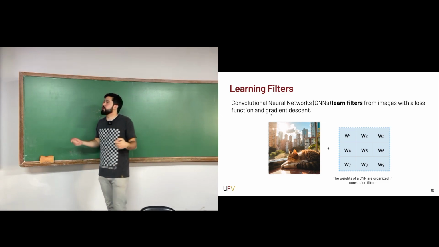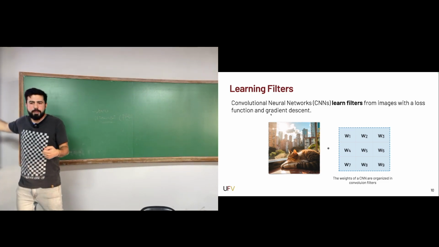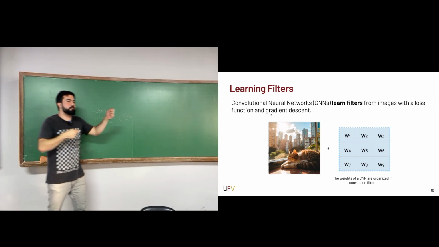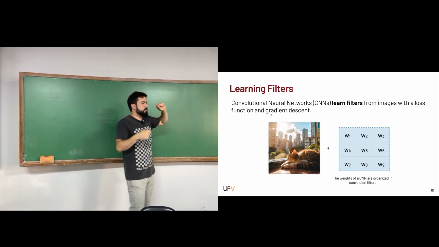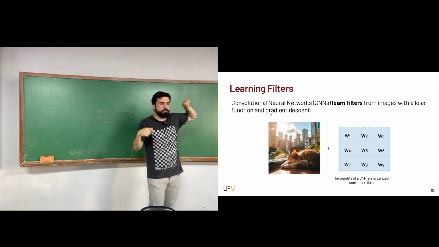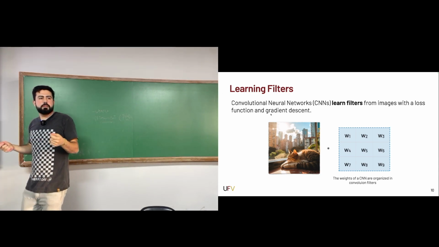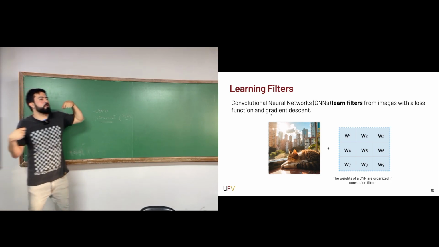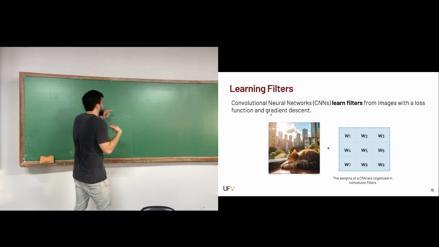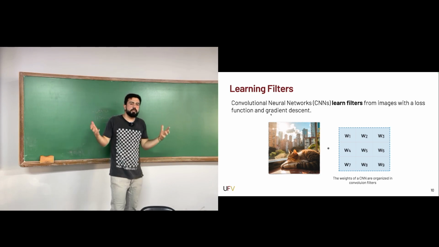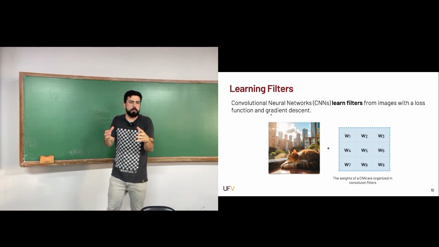So I don't want to come up with these weights myself. I want to design a learning process to learn these weights from an image data set and a loss function. If my goal is to detect objects in an image, I'm going to design a loss function that represents that problem.